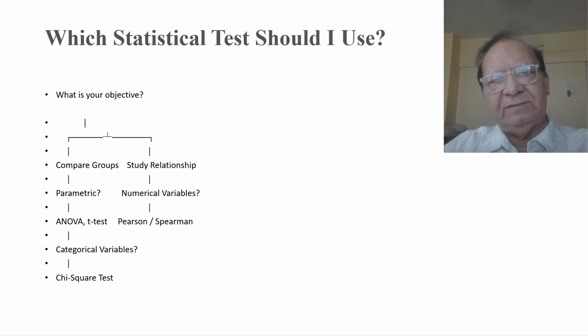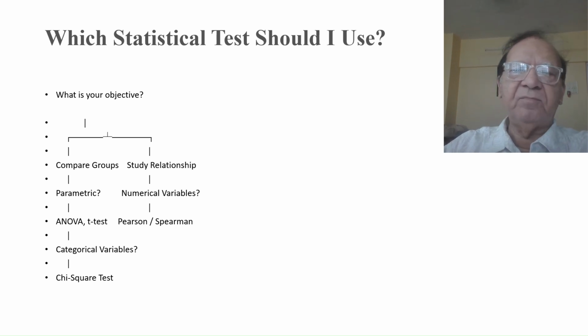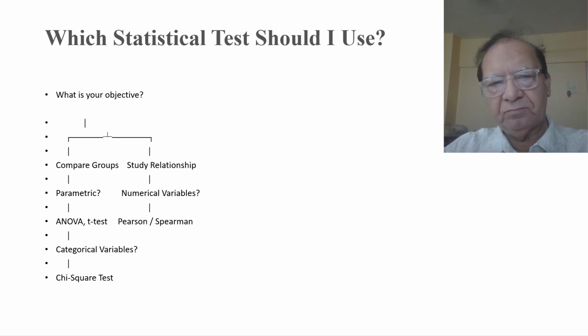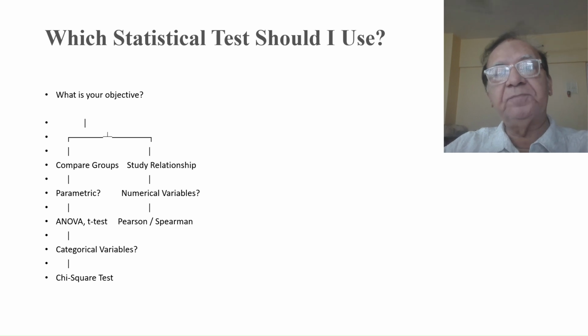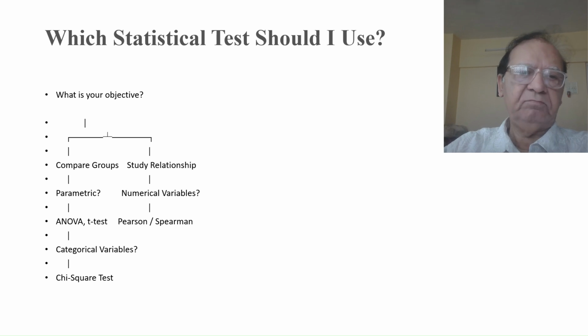If your objective is to study the relationship between numerical variables, you will use Pearson's, Spearman, or Kendall correlation. However, when both variables are categorical, the appropriate choice is the chi-square test of independence. This decision tree will help you choose the correct statistical technique throughout your research.